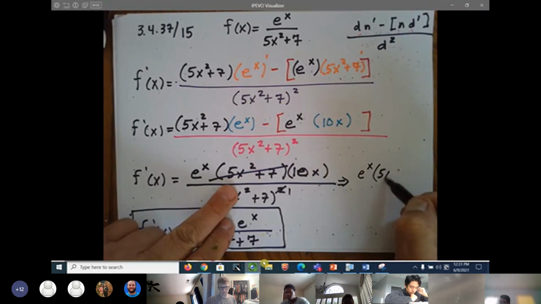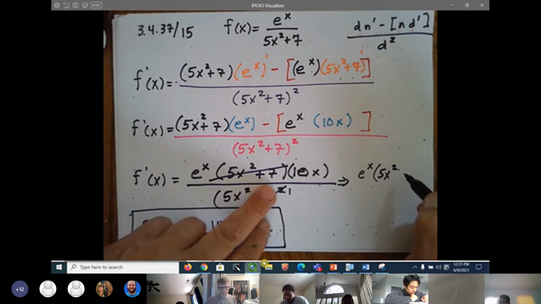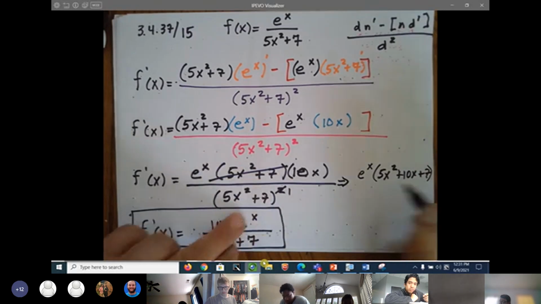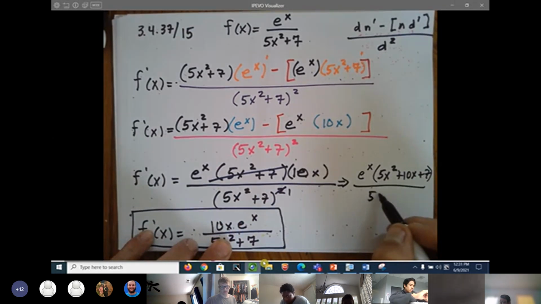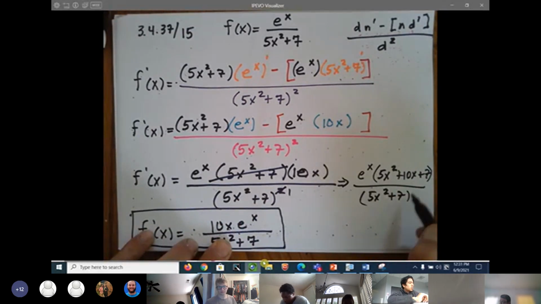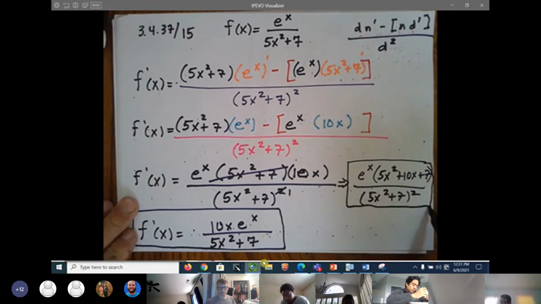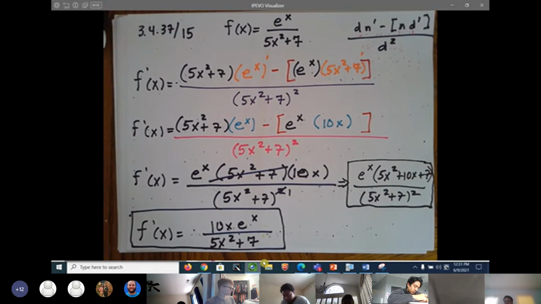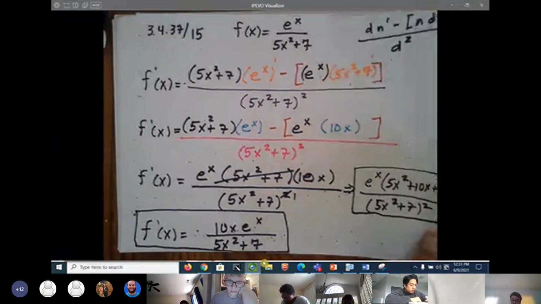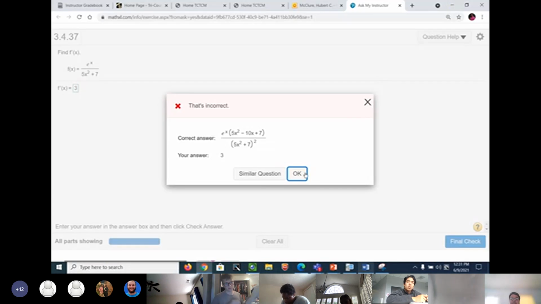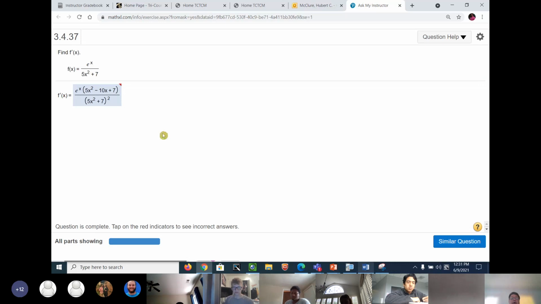That would be 5x squared, and then plus 10x plus 7 over 5x squared plus 7 quantity squared. So you could do that also. Depends on which one they want. Okay? Another good test question. It's kind of cumbersome, but it's a good test question. Next.